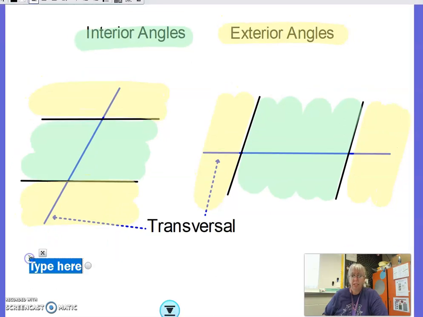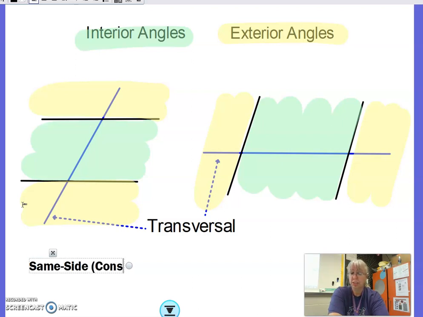The next word we want to look at is same side, which they call consecutive, or alternate angles. Those deal with your transversal.